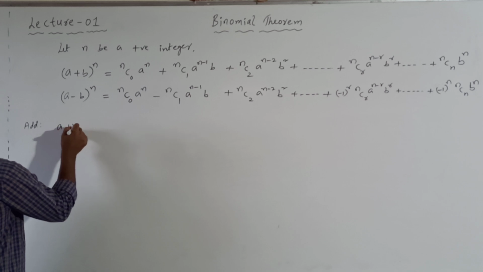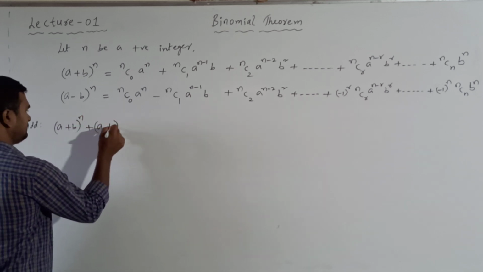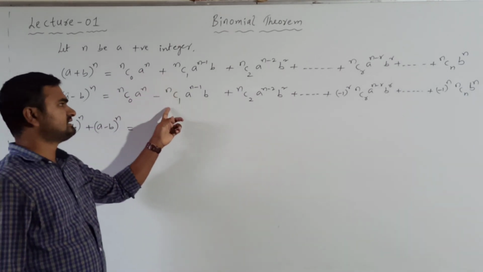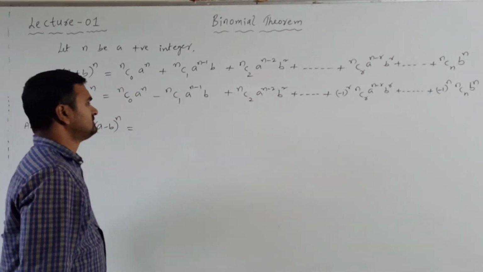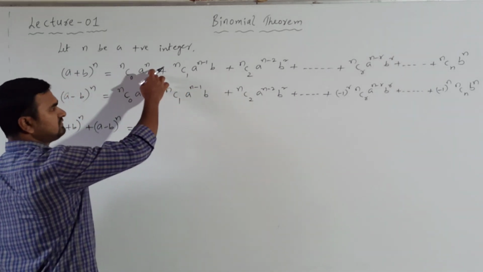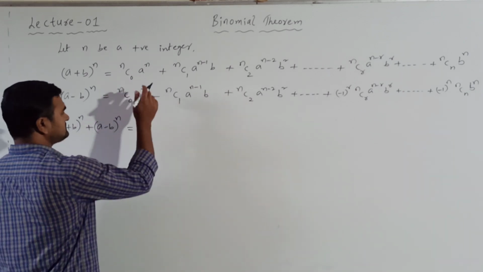then we get (a plus b) whole power n plus (a minus b) whole power n. Now adding this, negative terms will get cancelled, so only positive terms remain, and these are 2 times since both the terms are the same. So adding them, we get 2 times each of these terms.